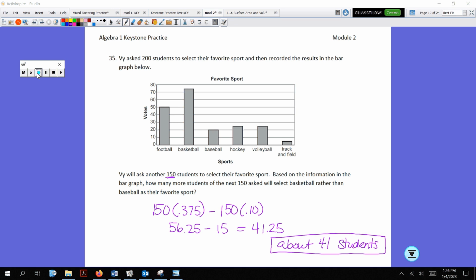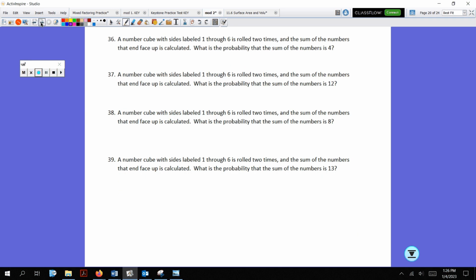All right, now we're going to talk a little bit about probability. A number cube with sides labeled 1 through 6 is rolled twice. The sum of the numbers that end face up is calculated. What is the probability the sum of the numbers is 4? Well, let's say my first die is a 3 and my second die is a 1. Let's say my first die is a 1 and my second die is a 3.